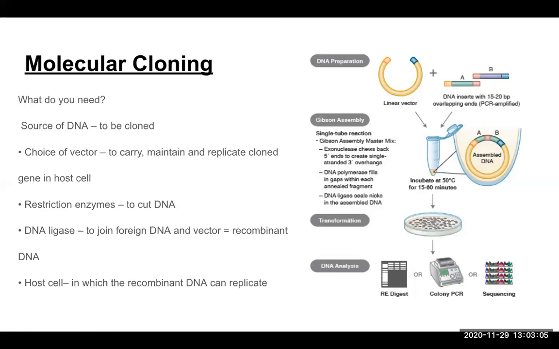As you can see in the picture, where it says transformation, usually after you've ligated the foreign DNA to the vector that you have, you'll plate it with a bacterial colony and then let this colony grow. So then you have a lot of that new recombinant DNA that you inserted into the bacterial colonies. Next slide, please.